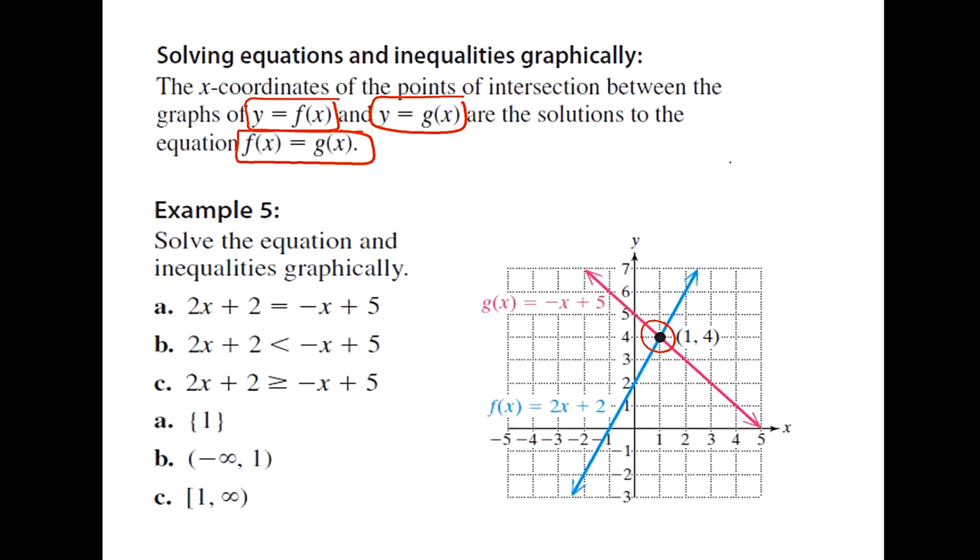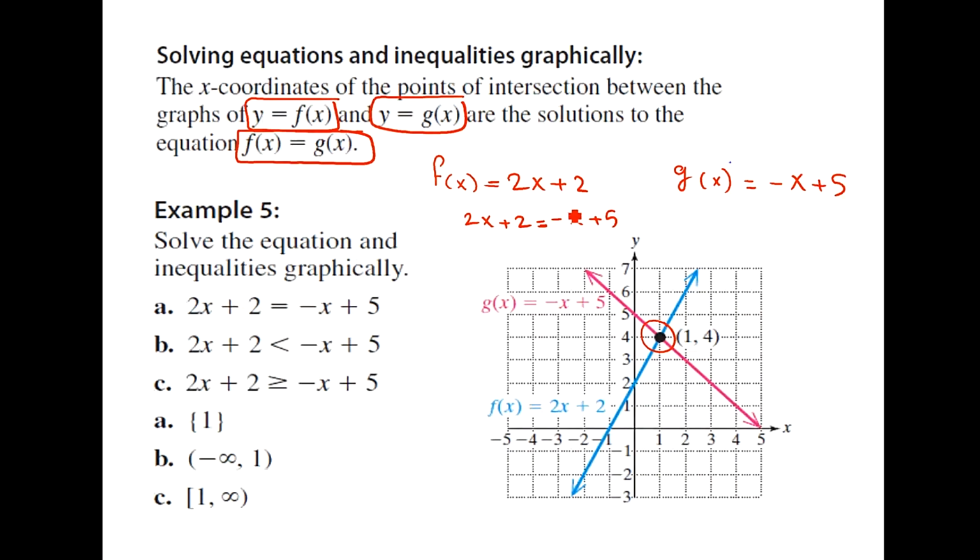For example, if we have two equations, the first function f of x equal 2x plus 2 and g of x equal minus x plus 5. I need to find the intersection between f and g. This means 2x plus 2 equal minus x plus 5, and solve this equation.